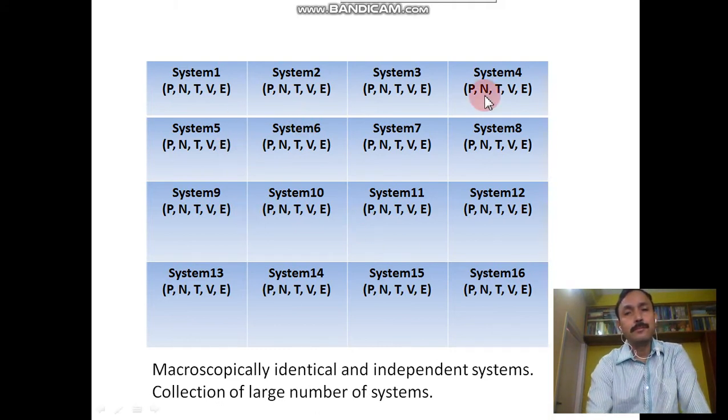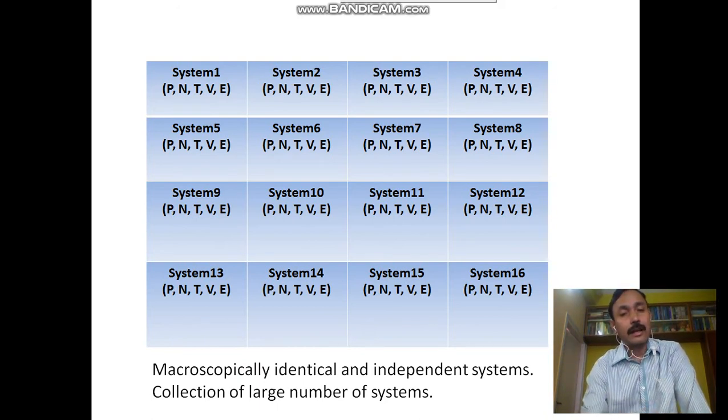Suppose we have taken 16 systems: system 1, 2, 3, 4 up to system 16. Each system has the same pressure, same number of particles, same temperature, same volume and same energy. So these are macroscopically identical, basic conditions are the same, and the systems are independent.